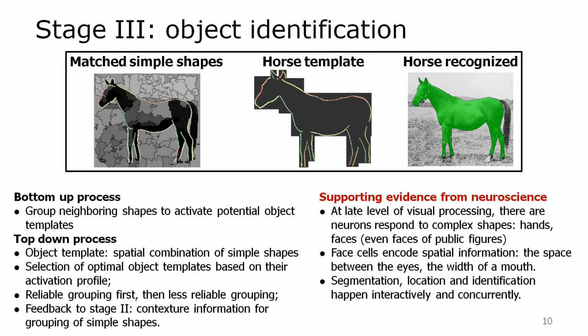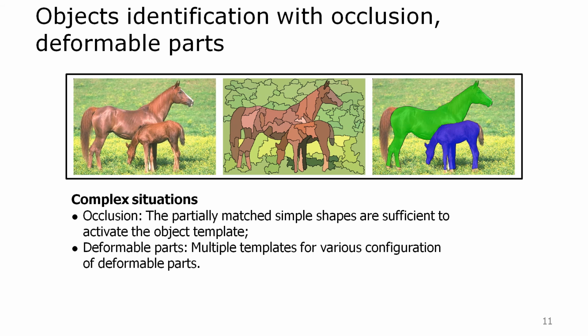studies and physiological evidence. This system is also able to handle complex situations such as occlusion and deformable shapes. Under occlusion, the partially matched parts are sufficient to activate the right object template, so the system can still recognize the object despite being partially occluded.